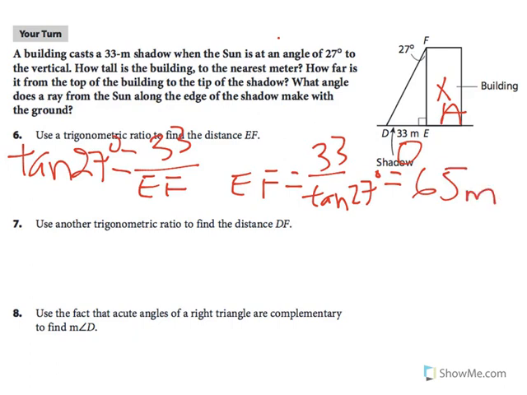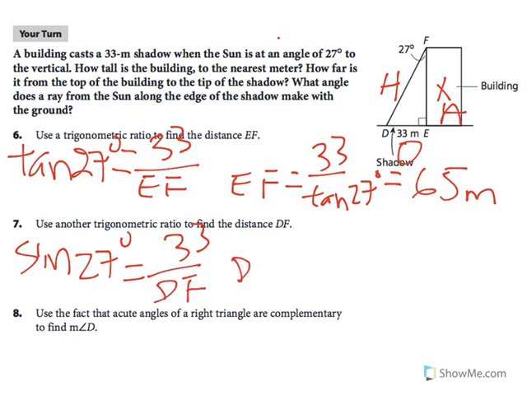Okay, number 7, we're looking for opposite. DF is the hypotenuse, so this will be sine of 27 degrees equal to 33 over DF. So then DF equal to 33 over sine of 27 degrees.